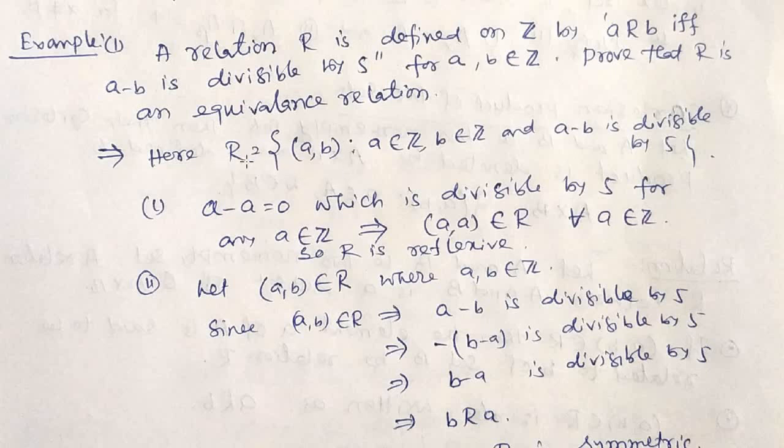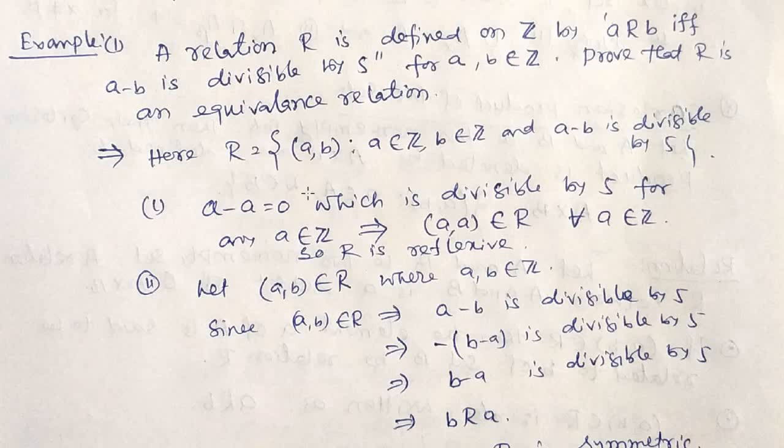Mathematically we can write this relation as the set of all (A, B) such that A, B belong to Z and A minus B is divisible by 5. How do we prove that the relation is an equivalence relation? We will prove that it is reflexive, symmetric and transitive.